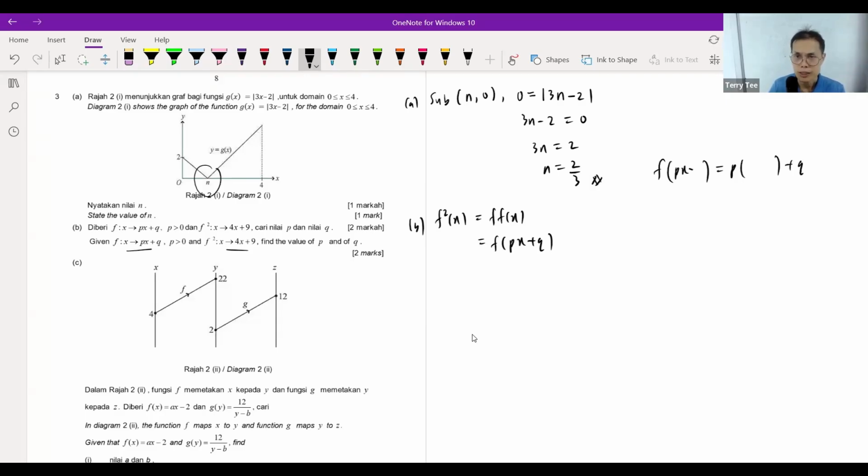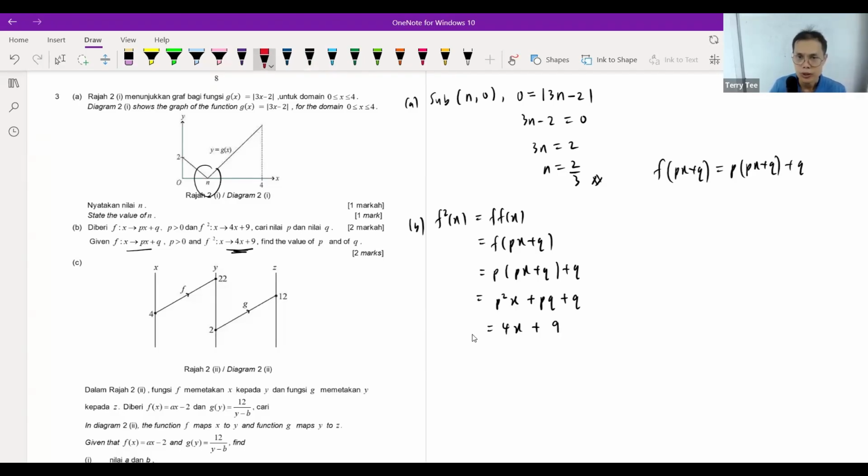If we put px plus q here, we need to substitute px plus q here as well. So you have p bracket px plus q plus q. Let us expand the bracket. p times p is p squared x. p times q is pq, plus q. So this is your f2(x), and we want to compare the f2(x) that we got here with your 4x plus 9.